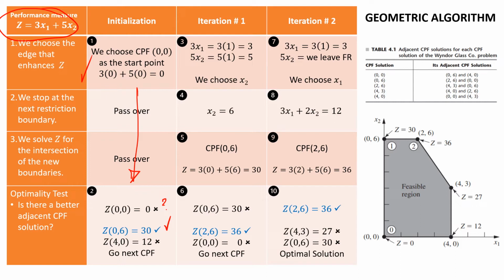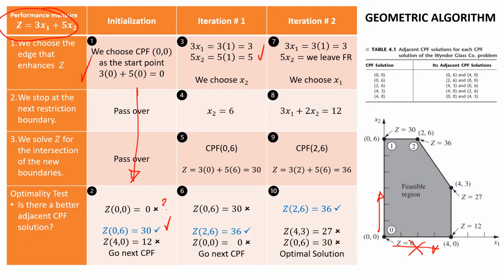If I choose 3x1, I will be enhancing 3 units, but if I choose 5x2, I will be enhancing 5 units. So I'll choose x2 because it has a better enhancement. That means from this point, we're going to move through the edge that goes to (0,6), and this other edge we're not going to consider.